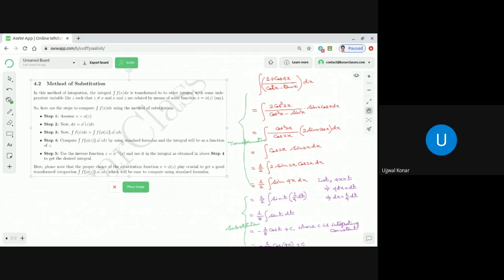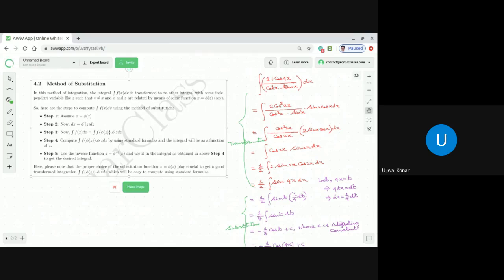Whatever we have done is 4x equal to t. Without giving that example, if I start discussing the theory, it could have been a little boring and difficult. But when I say in step 1 of the theory, assume x equal to phi(z), in context to the example on the right hand side it is 4x equal to t.